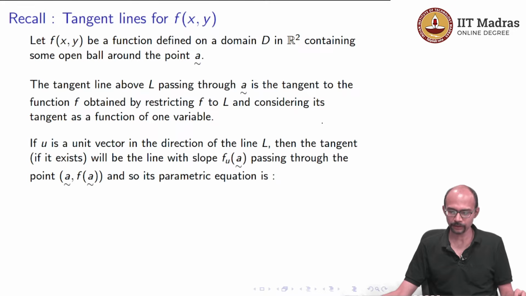And in the previous video we did exactly that. If you use a unit vector in the direction of the line L, then the tangent, if it exists, will be the line with slope f_u of a tilde passing through the point a tilde comma f of a tilde.